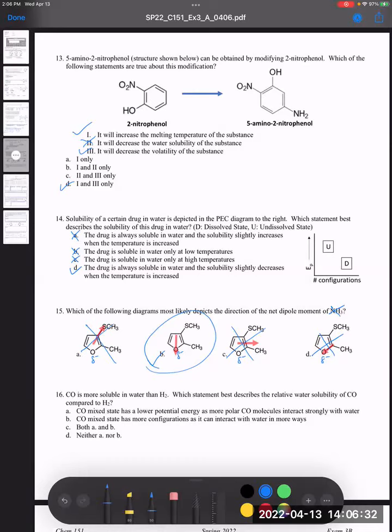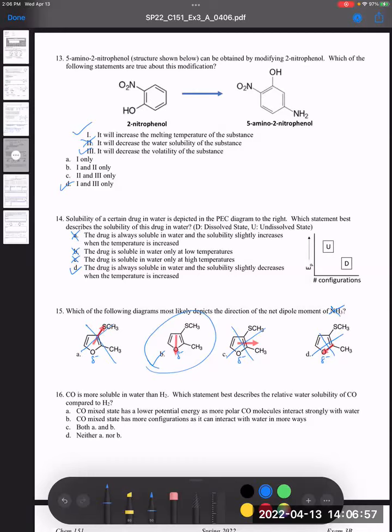Therefore it's going to increase the number of configurations compared to hydrogen in water. And also because you're going to have stronger interactions than hydrogen because you have a polar molecule there, you're going to have a lower potential energy in the mixed state compared to the mixed state of hydrogen with water.